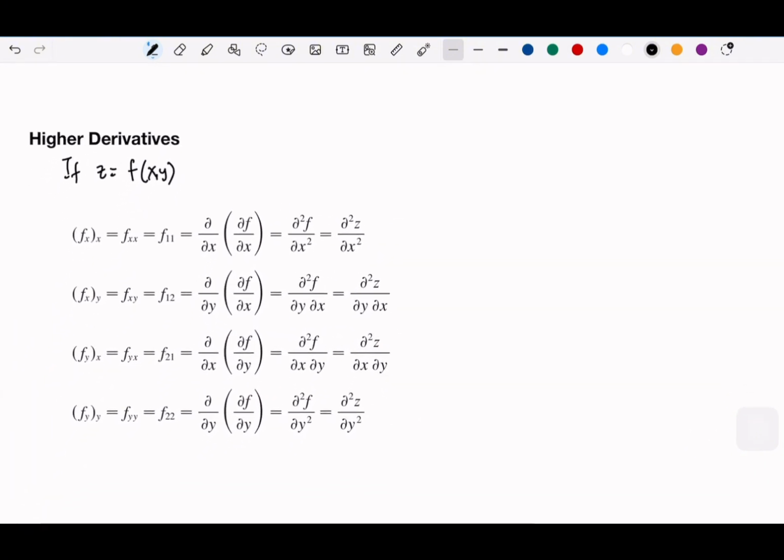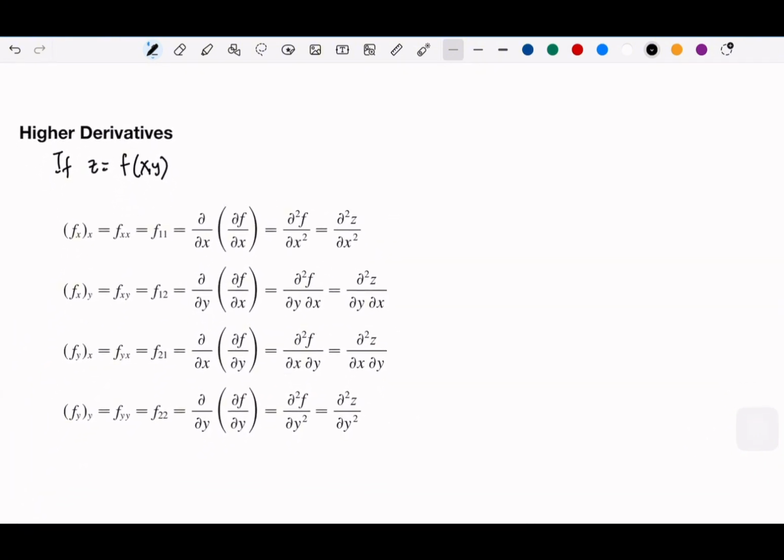Just a small example, I hope, before the class break. So if we have the function f(x,y), suppose we want to find fxx, fyx, fxy, fyy.